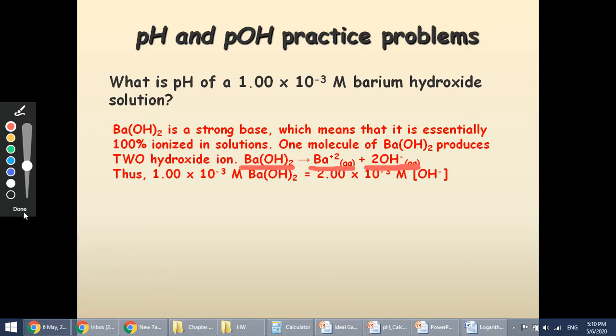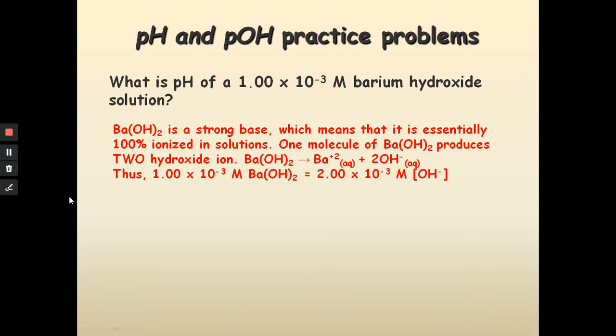And this is important because 1.00 times 10 to the negative 3rd molarity of BaOH2 will produce 2.00 times 10 to the negative 3rd power molarity of OH. That's because the molar ratio between BaOH2 and OH is 1 to 2. So 1 becomes 2.